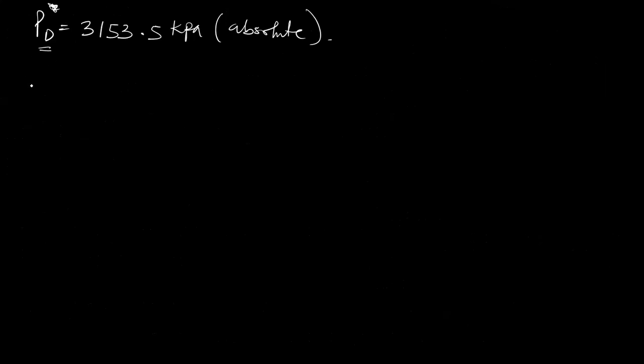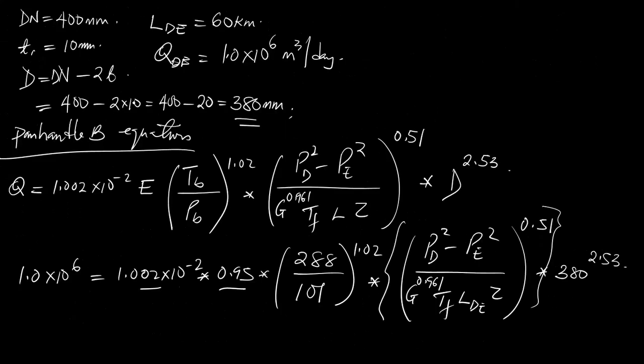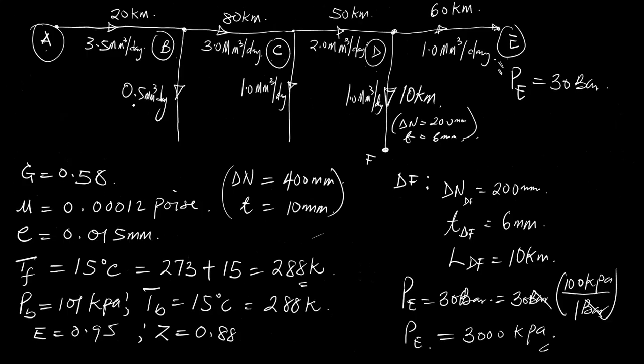So since we've gotten this, the flow rate of CD, in section CD is what? Section CD is 2.